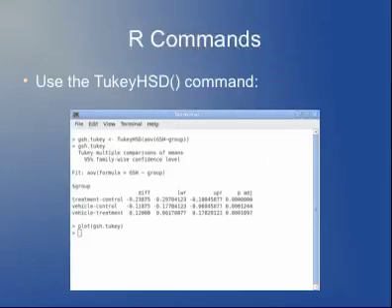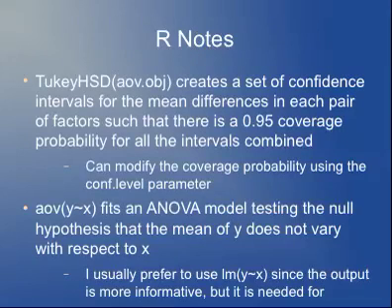And you may have noticed on this previous slide that rather than saying TukeyHSD of lm gsh twiddle group like we did before, I said TukeyHSD aov gsh twiddle group. Why did I do that? Well, in general, TukeyHSD of an aov object will create a set of confidence intervals such that there's a 95% coverage probability for all the confidence intervals combined.